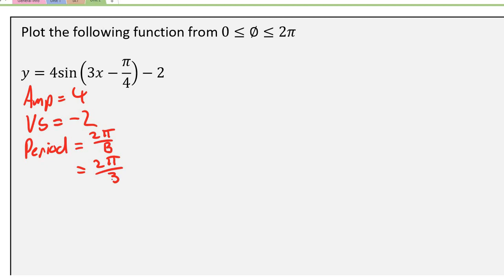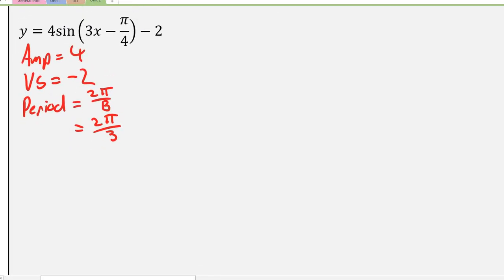Okay? We also are going to have phase shift in this one. I hate phase shift a lot. It is what it is. Anyway, so my phase shift. Can anyone remember the rule for phase shift? -c over b. Now, looking at the question, is my function going to shift to the right or to the left?